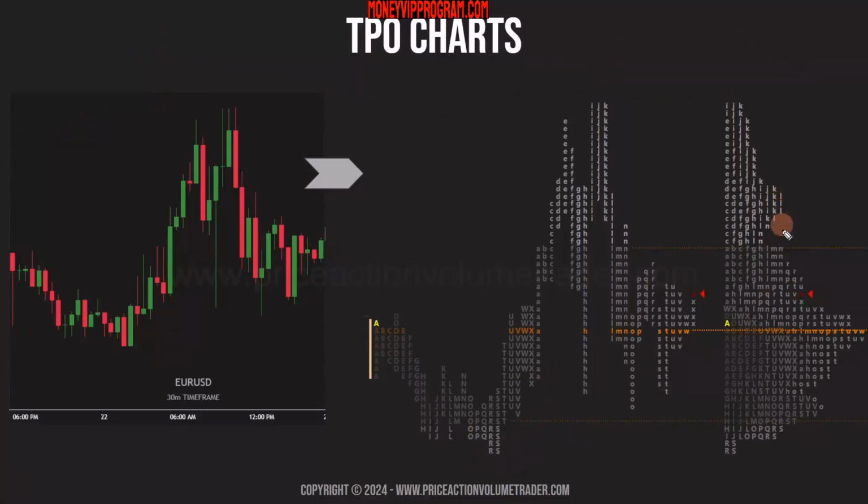Okay. And now the advantage of having the TPO chart all together is that we can see that we have, in this case, sort of a B-shaped profile. What this is telling us is that for most of this day, the most time the market spent trading was around the lower half of the TPO profile.